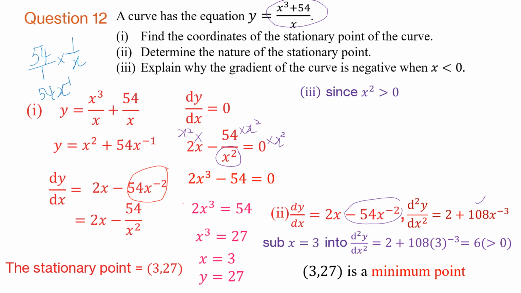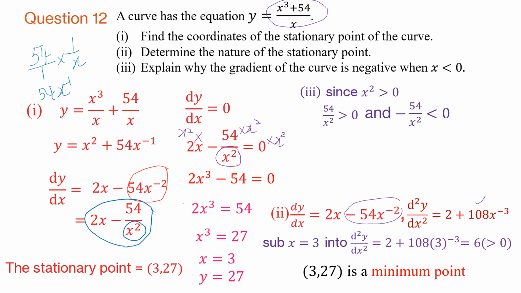If we look at your dy dx here, your x squared is more than 0. Your x, of course, cannot be 0, because 54 divided by 0 is undefined. So x squared is more than 0. Then 54 over x squared, 54 is positive, so positive divided by positive will be positive.